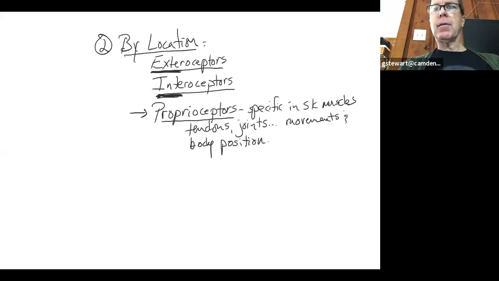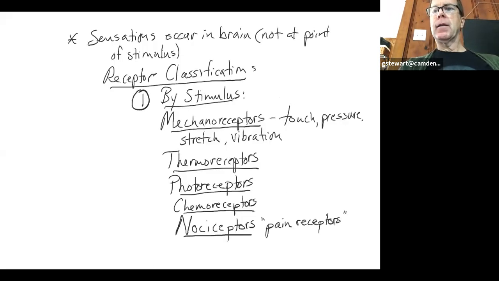And finally, I'm going to do number 3, classification by structure. And this is our last topic of the day. So we can classify receptors by stimulus type, and there are all the different types of receptors.